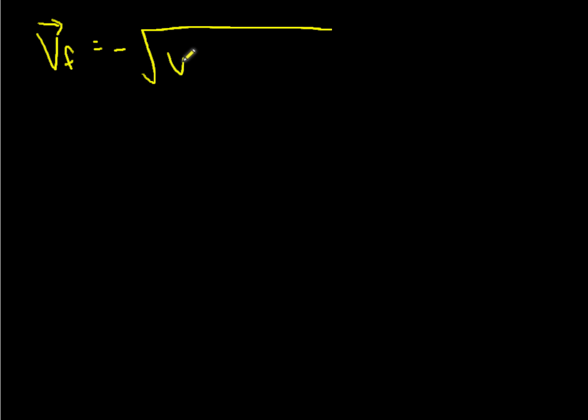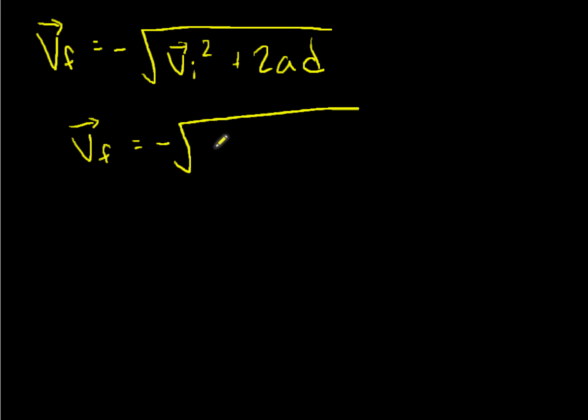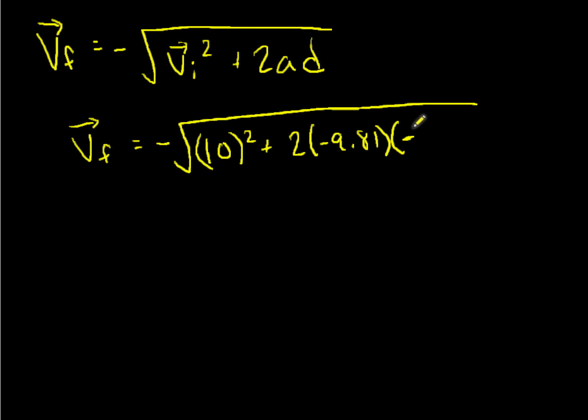Vf equals negative square root of Vi squared plus 2ad. Vf equals negative square root of positive 10 squared plus 2 times negative 9.81 times negative 25.